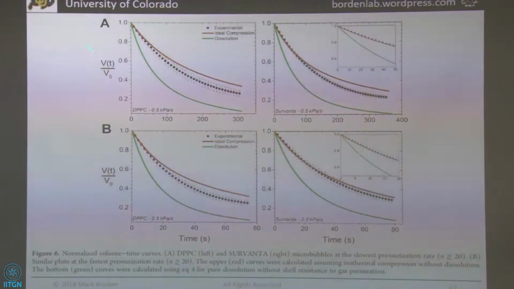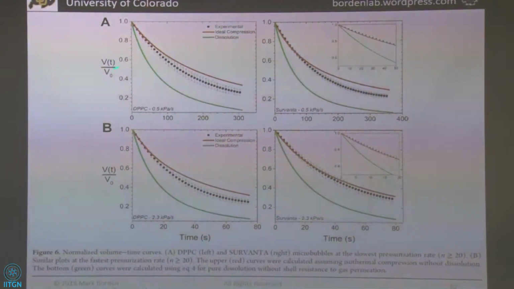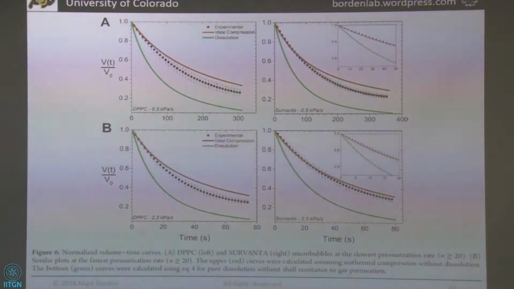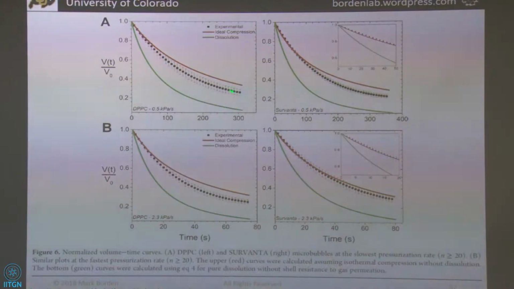If you plot the volume as a function of time and then normalize by the initial volume, here's the experimental data. Here's for ideal compression. Ideal compression means you have an ideal gas and you're just compressing it and there's no dissolution. There's no loss of gas molecules to the surrounding environment.